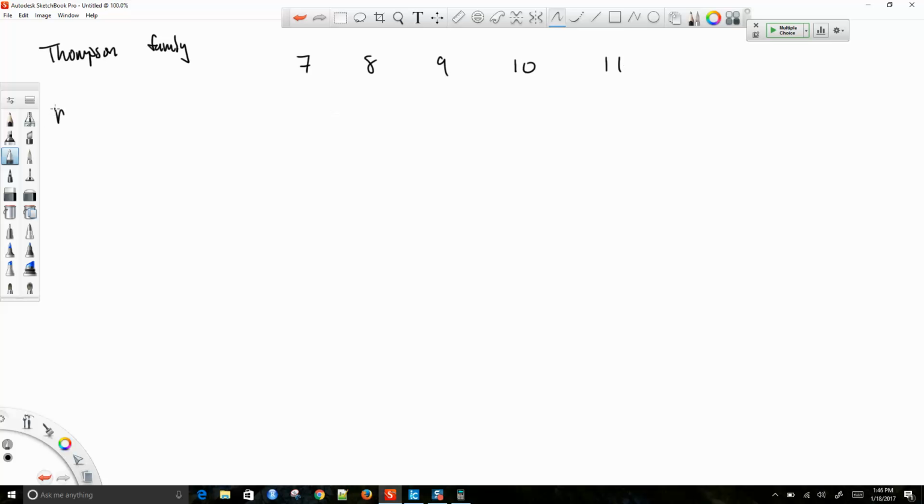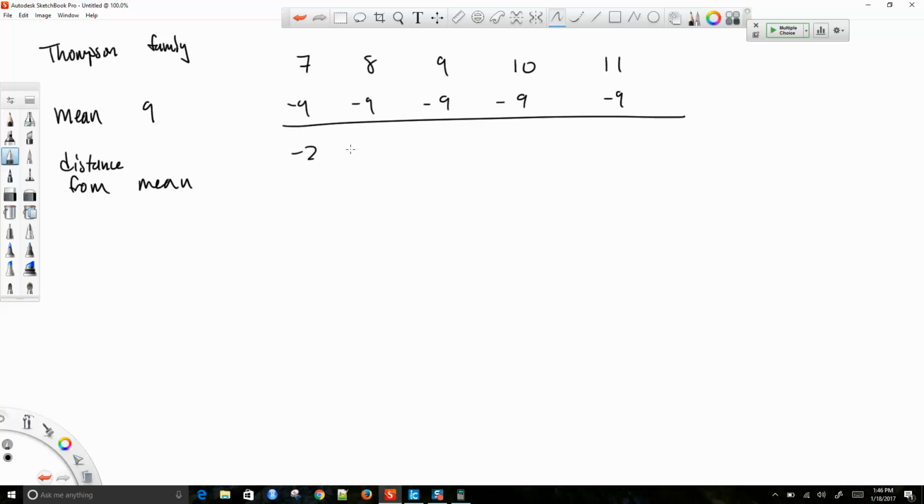We're going to say the mean is 9. So we're going to get the distance from the mean. We subtract 9 from each of these, and these are our distances from the mean.